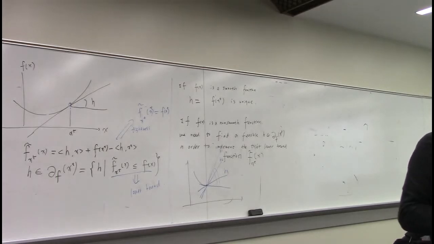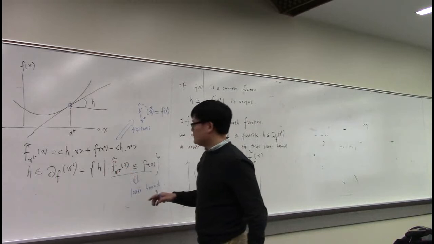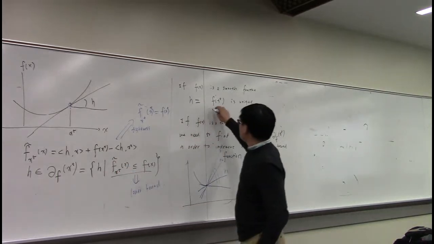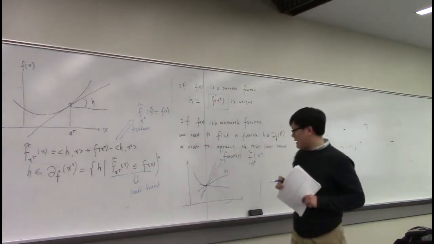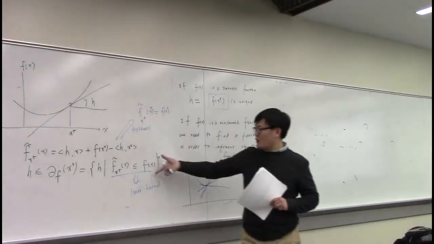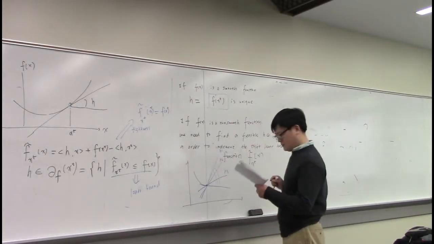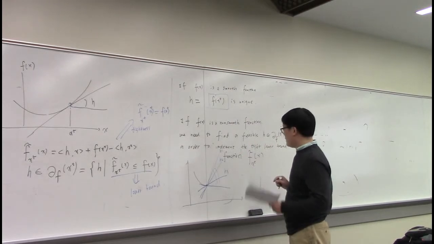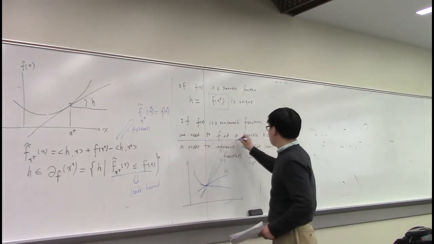But the question here is, if the function is smooth, h is naturally the gradient, so we can calculate h exactly. But here we only have a condition. So the tricky part is we need to find a feasible h.